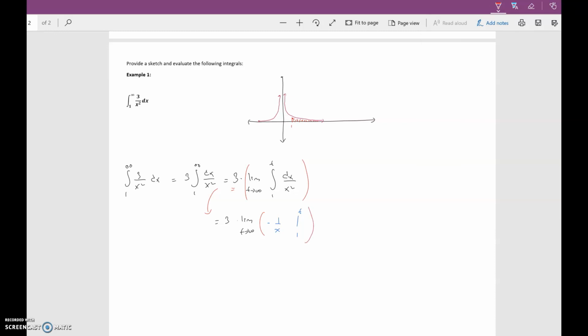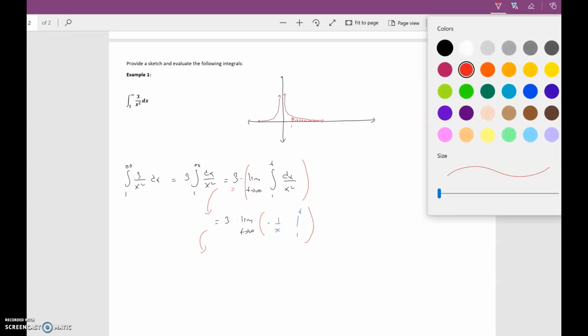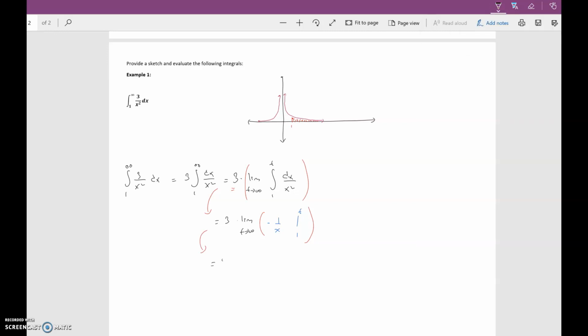So we're going to end up with 3 times the limit as t approaches infinity of negative 1 over t minus negative 1 over 1.